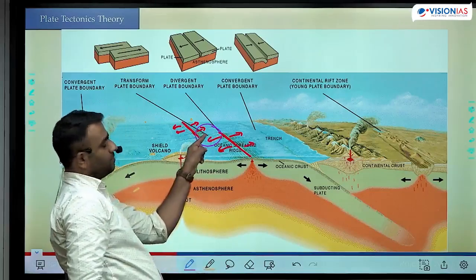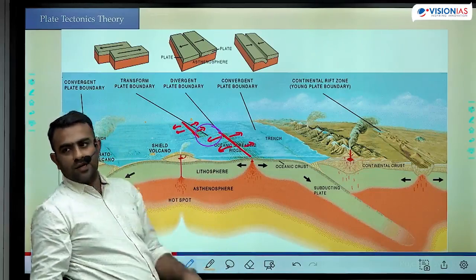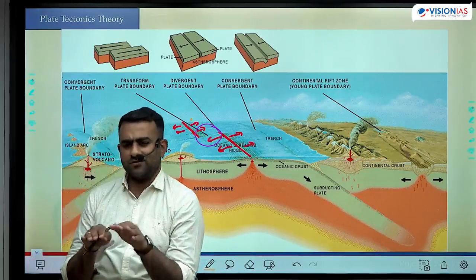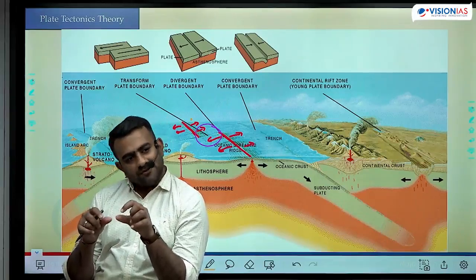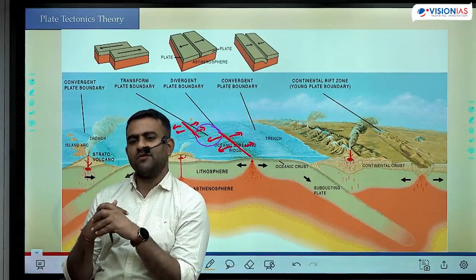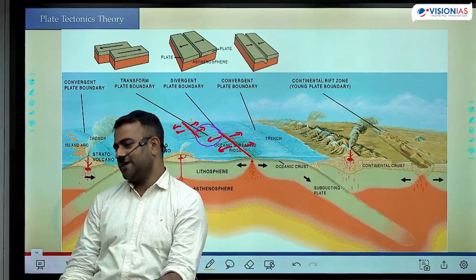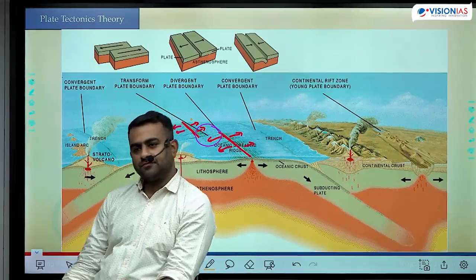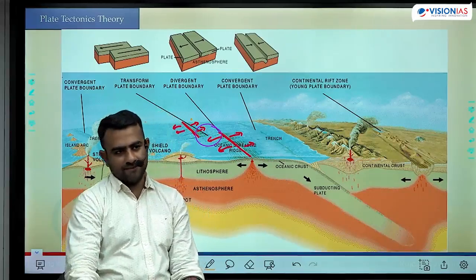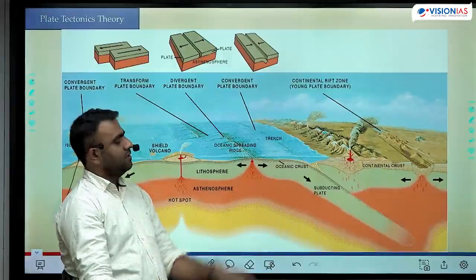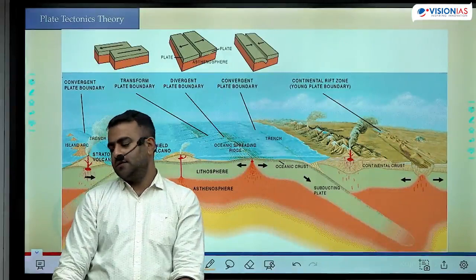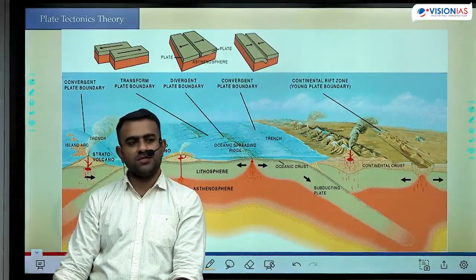They are moving parallel to each other. Two different parts of a mid-oceanic ridge. Of course, it's the same mid-oceanic ridge only, but two different segments. Between two different segments, you will find a parallel plate boundary. It acts as an offset mechanism. Is it right? These are the plate boundaries.